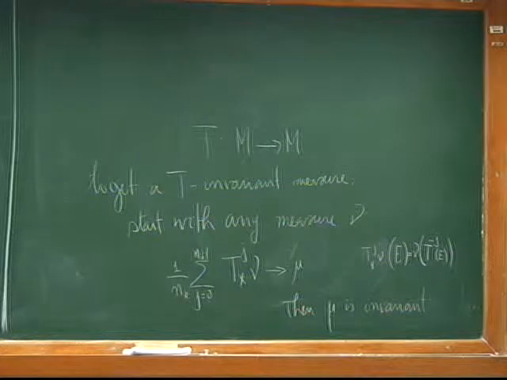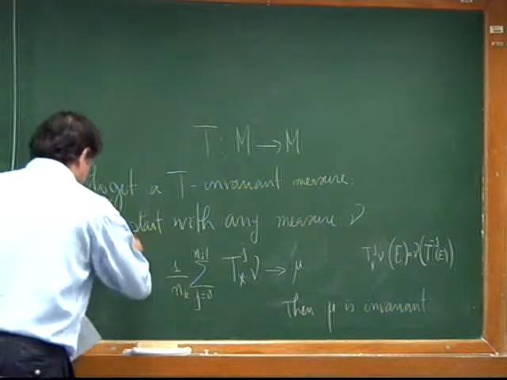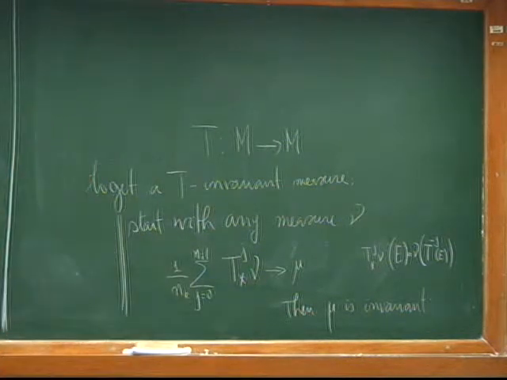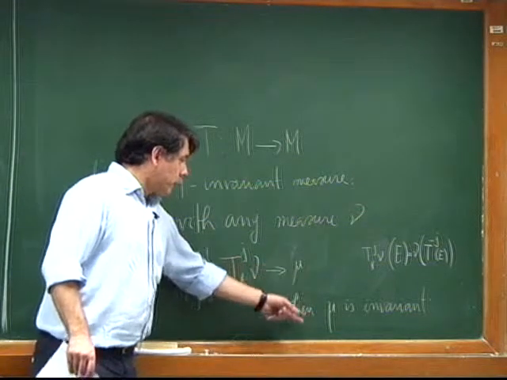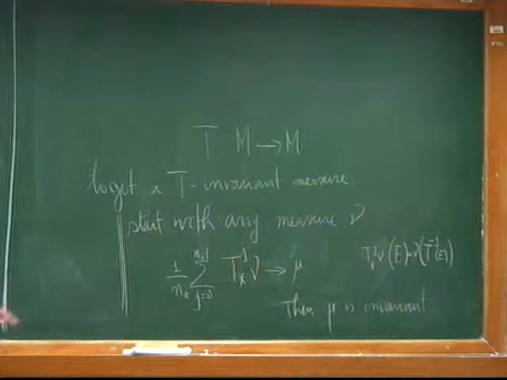But under rather general situations, this strategy works, and in all situations that I can think of, that's the strategy. You take any measure, you iterate and consider this average, and because you are considering the average, any accumulation point will be invariant. It's the fact that you divide by n here that helps. So that's the general idea for constructing an invariant measure.